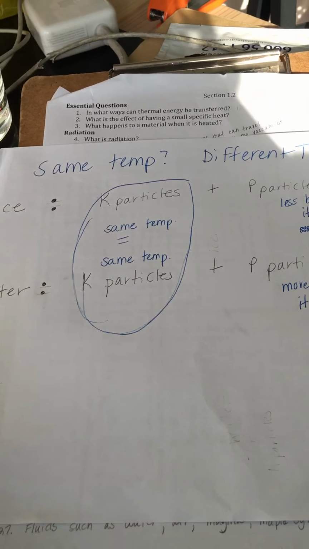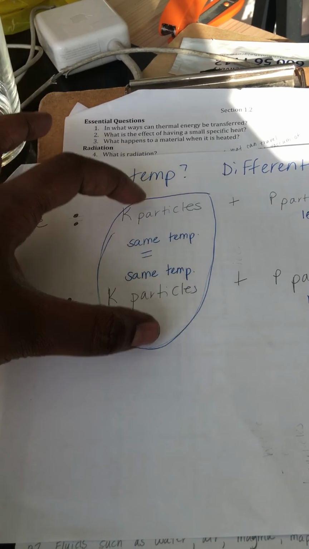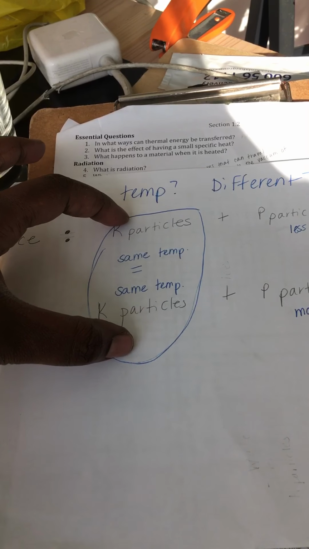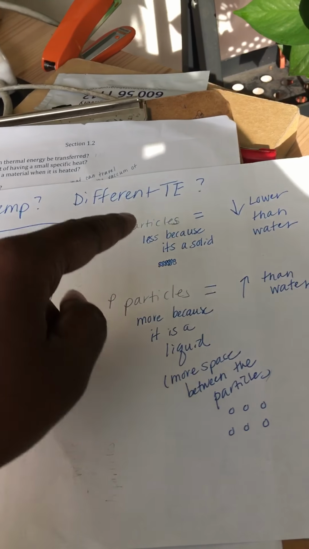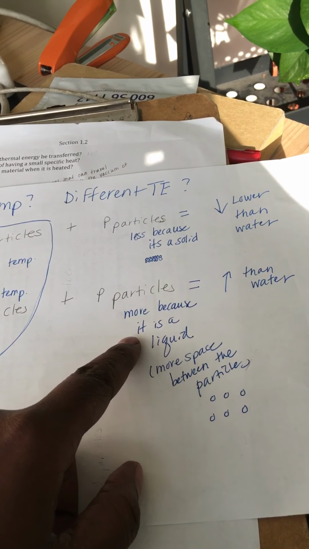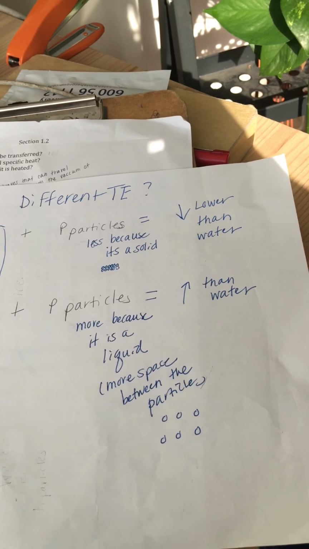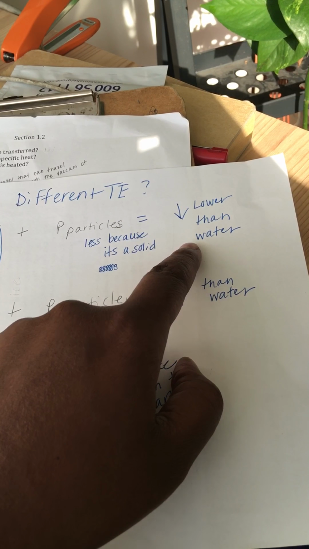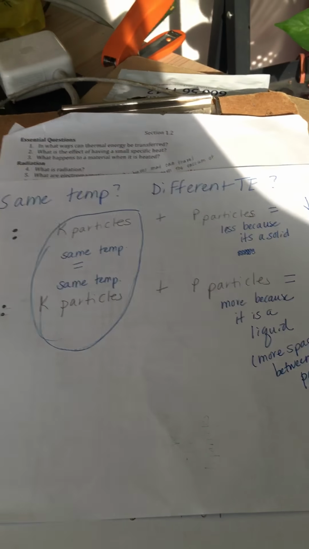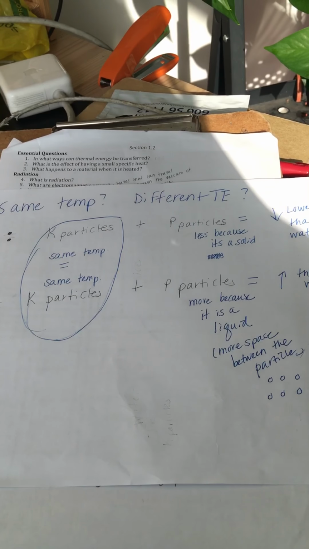So that's how two things could have the same temperature. That's because they have the same average kinetic movement for their particles, but because they're different states of matter, they will have different potential energies, and that would mean that they wouldn't have the same thermal energy. This one would be lower and this one would be higher. And that is something that you need to know because there is going to be a question on the test where you have to explain that.